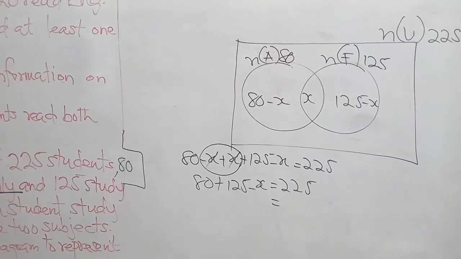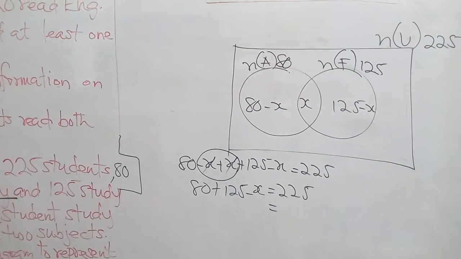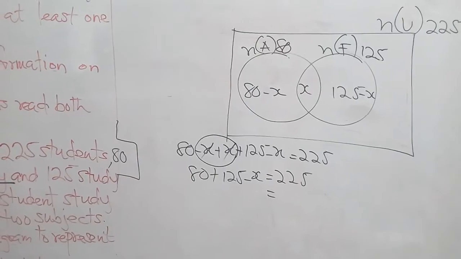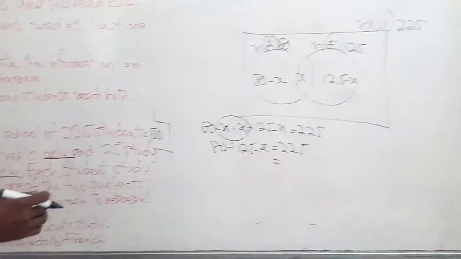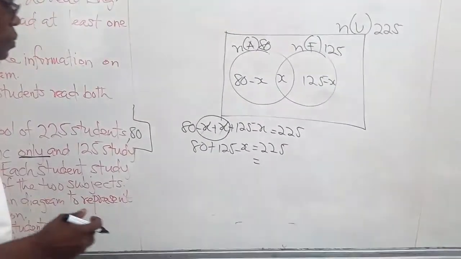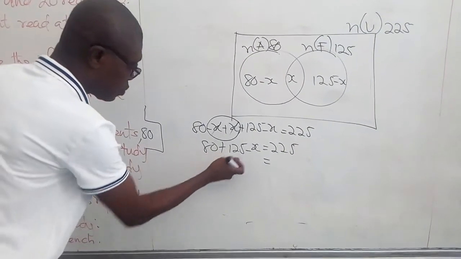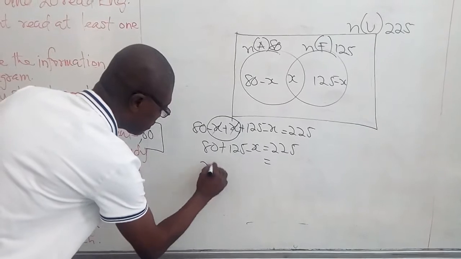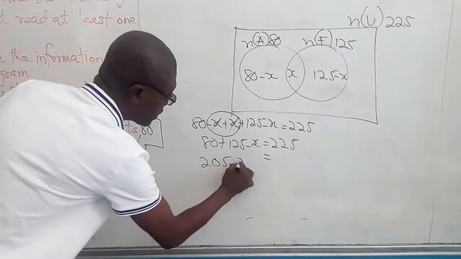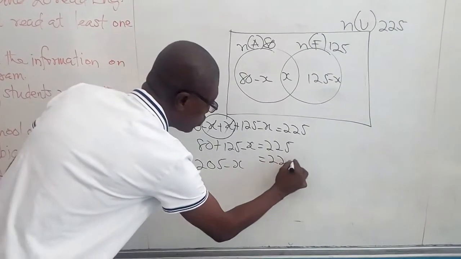205. Please hold on, let me look at the question again. Continue. Okay, so now over here, this plus this will give us 205 minus x equals 225.